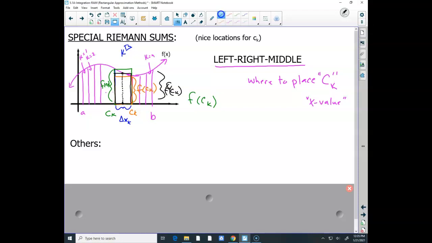Now, another little bit of terminology you're going to run into on the AP test. They are going to be circumscribed rectangles. Well, that would be like my green one, that would be the overestimated one. Or inscribed.